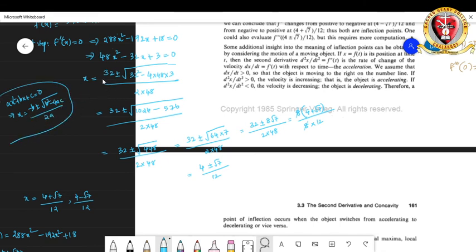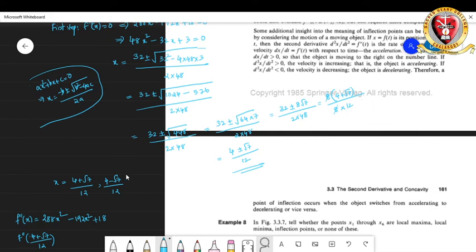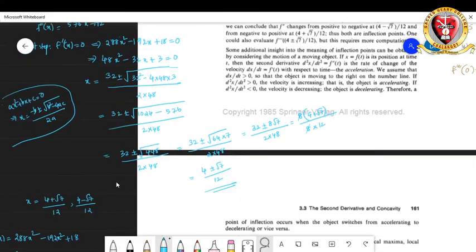So you have the a, b and c here. Substitute them, and when you calculate and evaluate, you end up with 4 plus or minus root 7 by 12. So you have 2 points, 4 plus root 7 by 12 and 4 minus root 7 by 12.